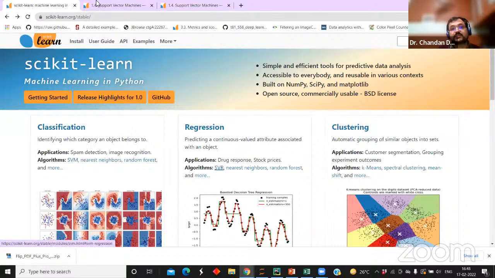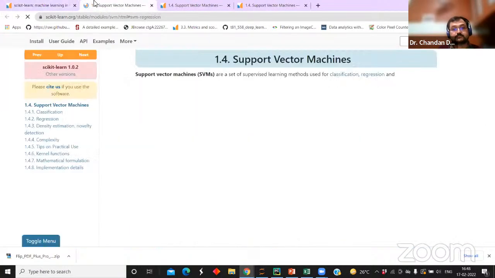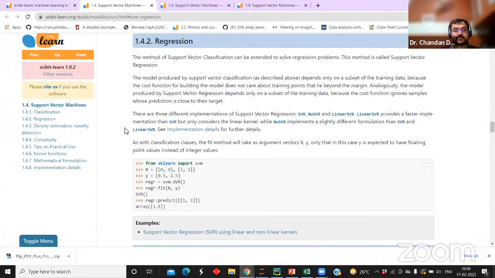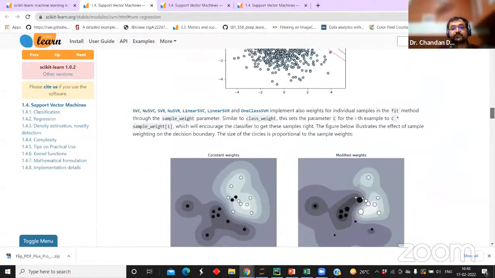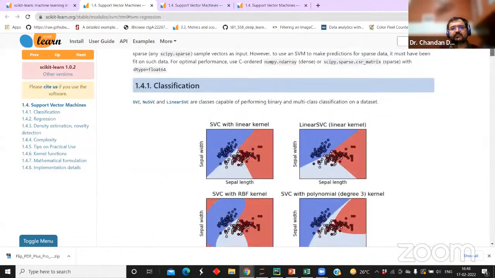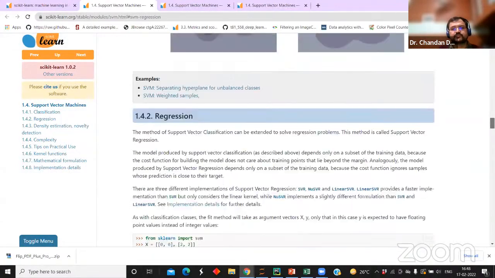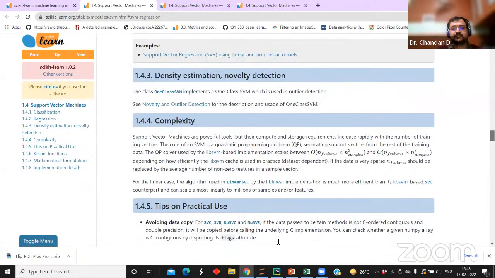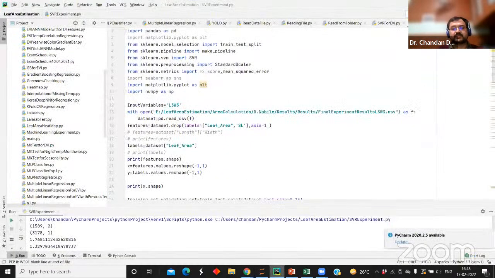In our situation, SVR was used, and that is for regression purposes. How can SVM be used for regression? We have taken some suggestions from this documentation and implemented that part.